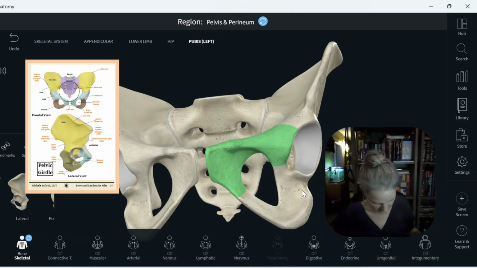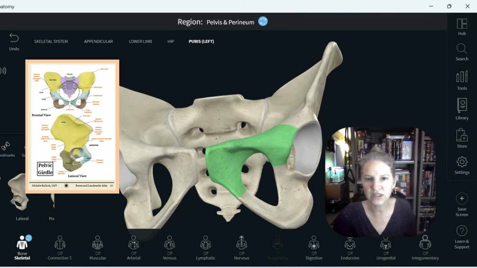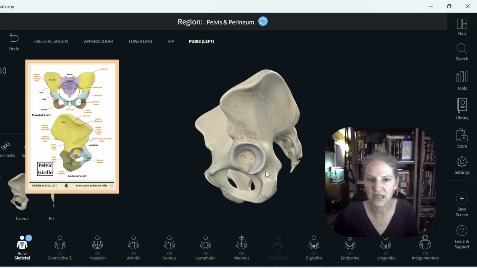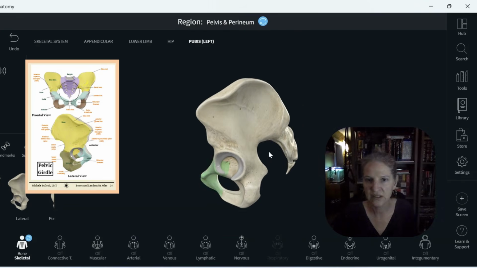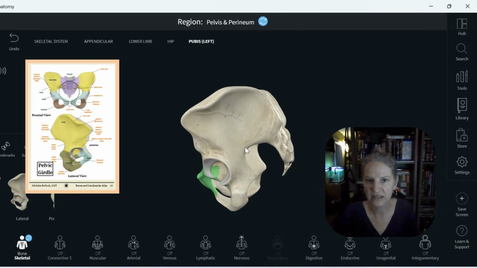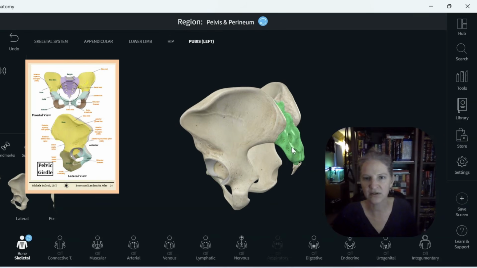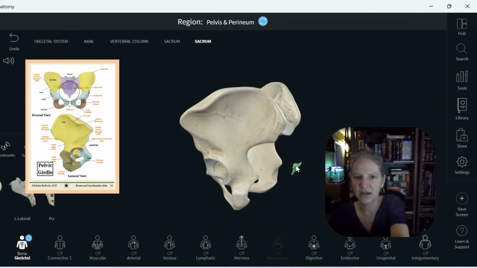the pubis. Some important landmarks for you to know for the MBLEx would be the anterior and posterior notches and processes. They call it the spine. So this is a spine and this is a spine, anterior and posterior. I'm going to take away the sacrum so that you can see a little bit better.